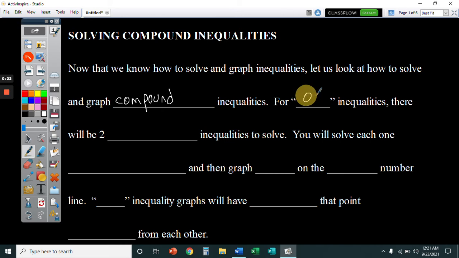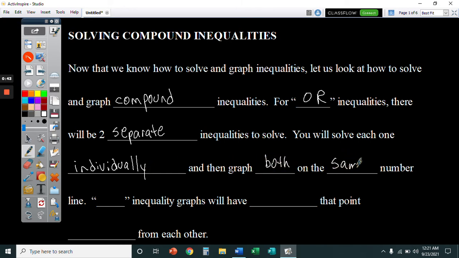The first is called OR, and for OR inequalities, there will be two separate inequalities to solve. You're going to solve each one individually and then graph both of them on the same number line.